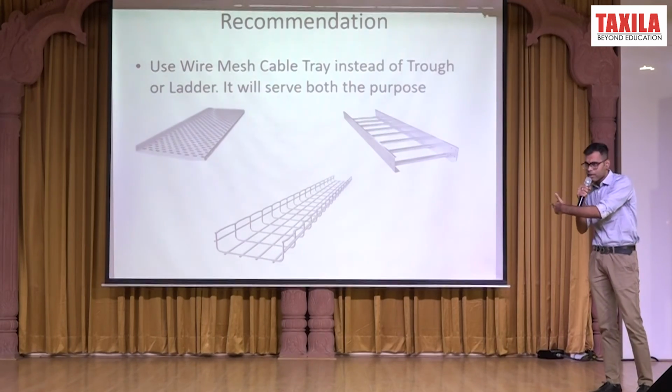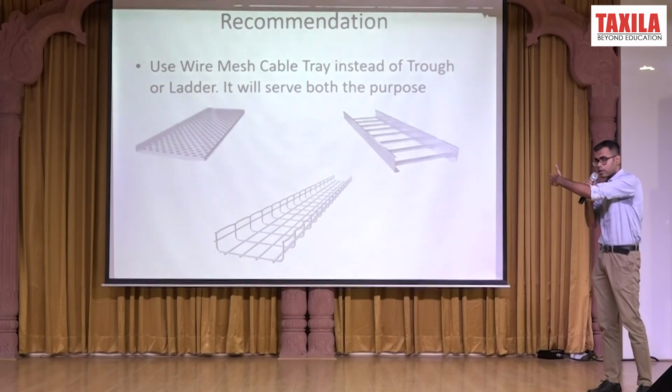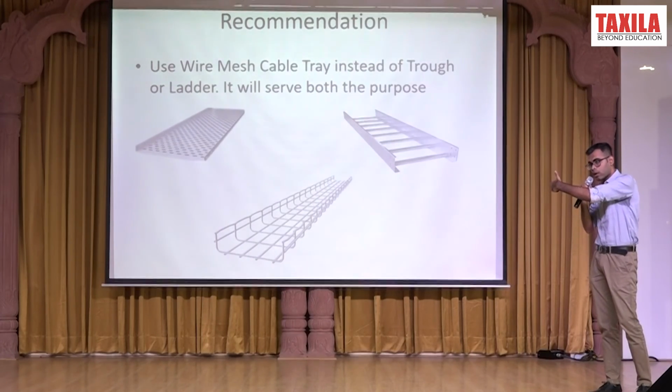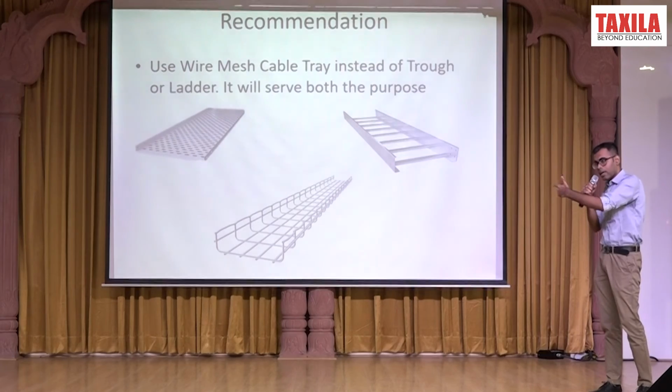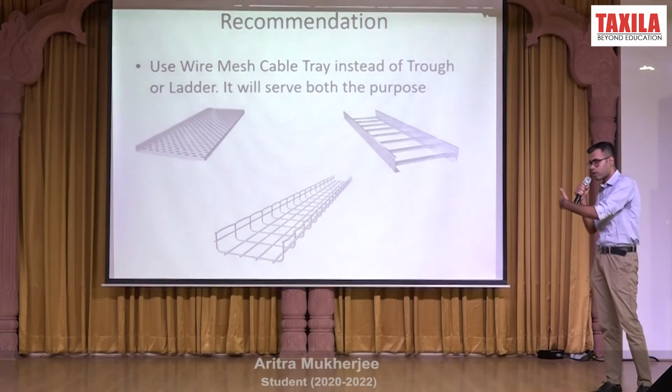In the ladder type cable tray, it is open. So if the cables are prone to heat, it will work here because air will pass through, so nothing will happen. But if a huge number of cables is there, it will not work here.